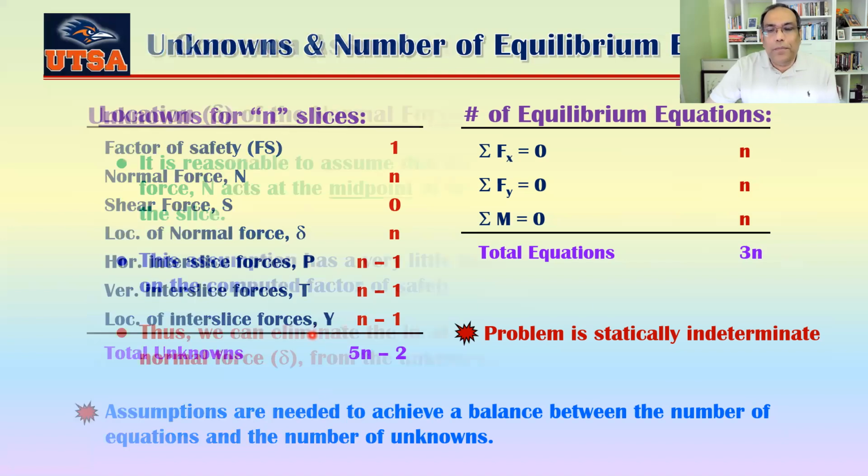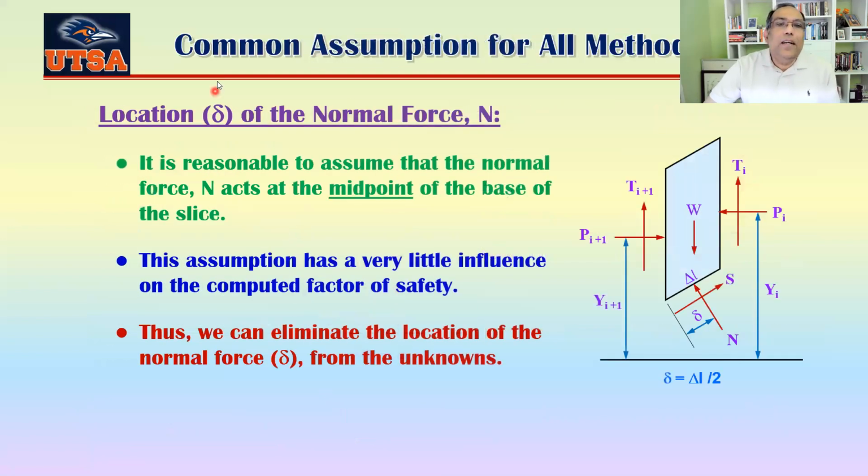Now, the first one here, the most common one actually used in all methods, is the location of the normal force N, okay? It is reasonable to assume that the normal force N acts at the midpoint of the base of the slice. Okay, so your delta is basically delta L by 2, the midpoint here.